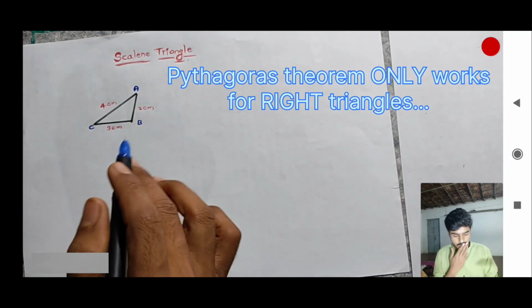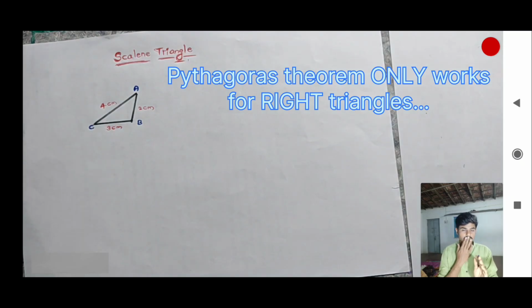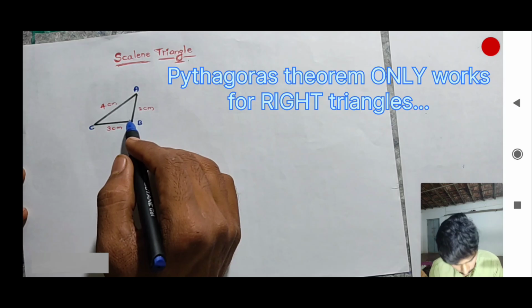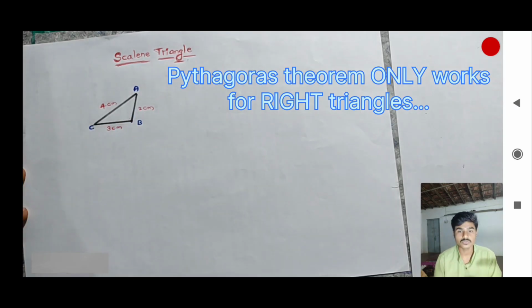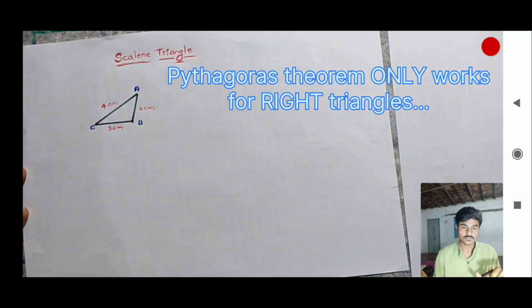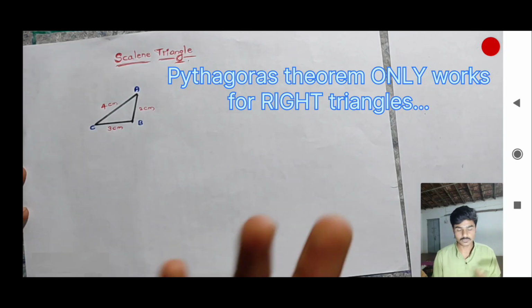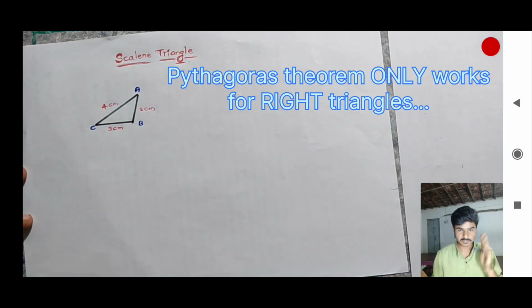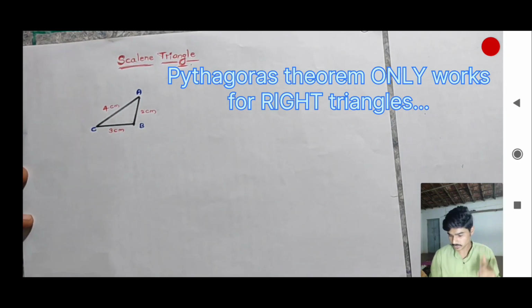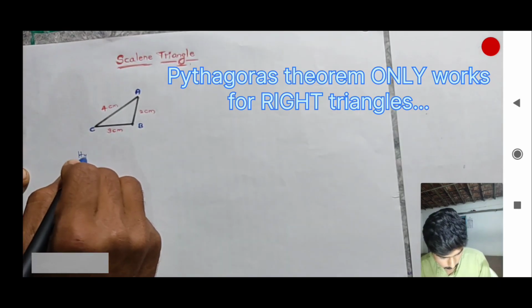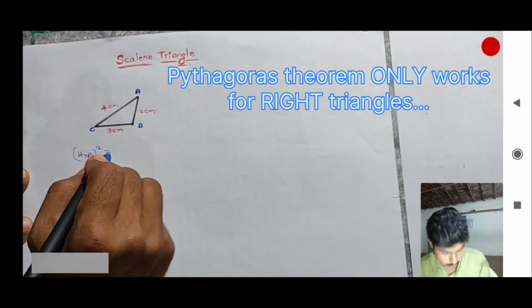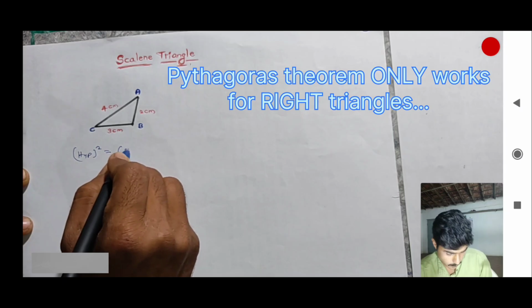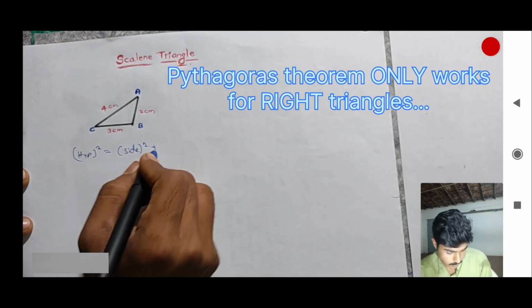In order to apply Pythagoras theorem, we need to create a height here, but we don't have any clue to find the height. We don't know height, but let us blindly apply Pythagoras theorem here. Pythagoras theorem says hypotenuse square will be equal to the sum of the squares of the other two sides.